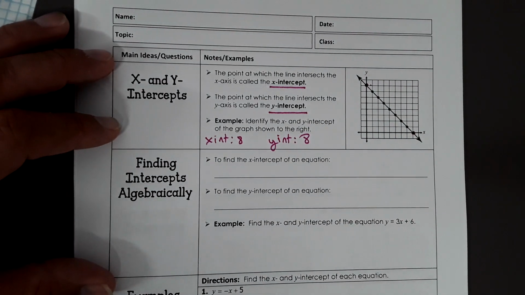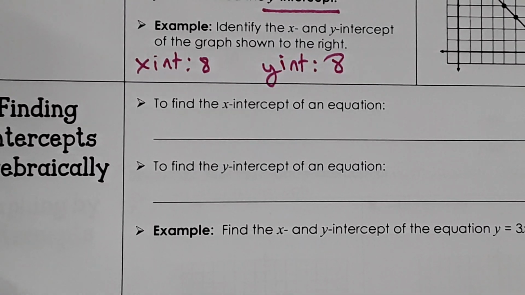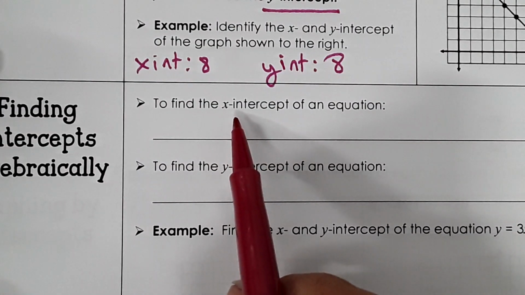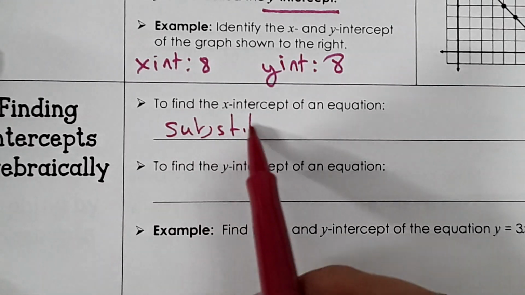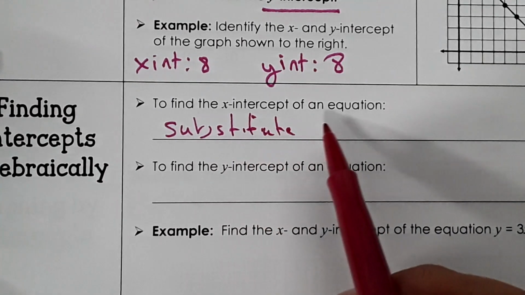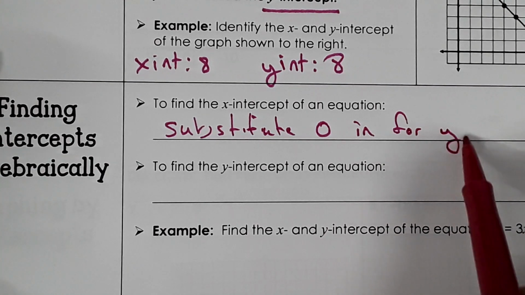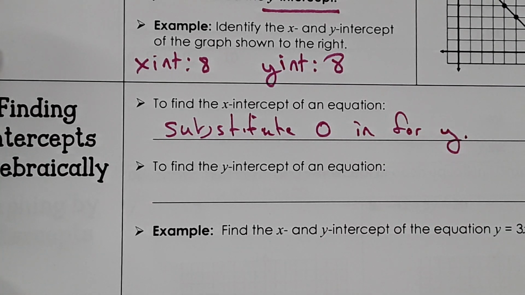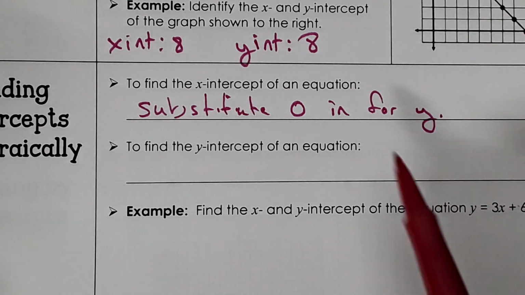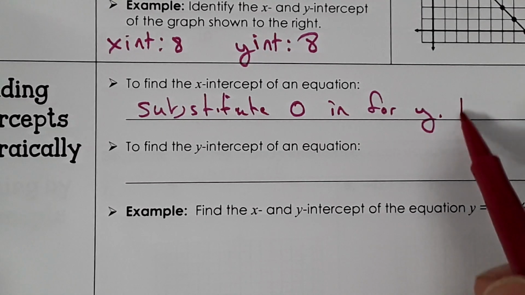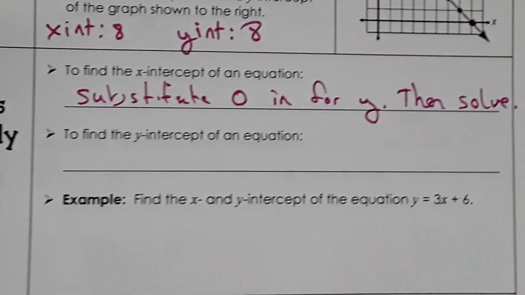Now you can also find these intercepts algebraically. If you're given an equation, if you want to find the x-intercept, substitute 0 in for y in the equation, and then solve the equation that you have left.